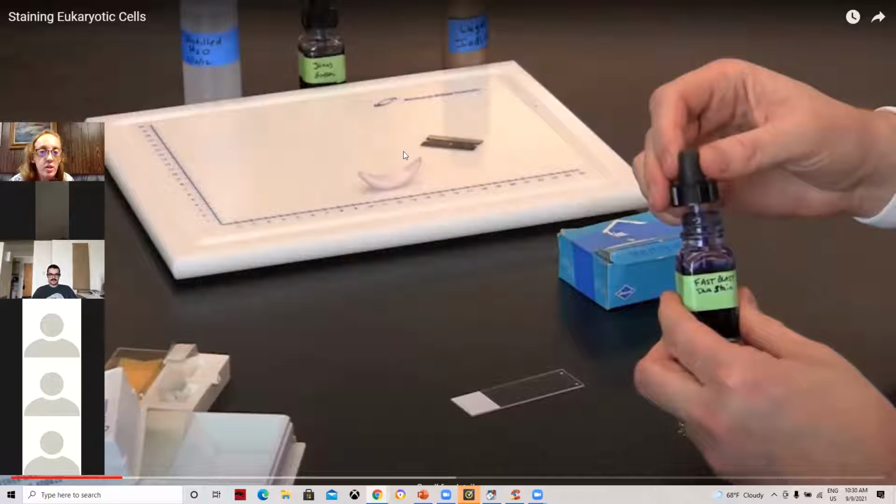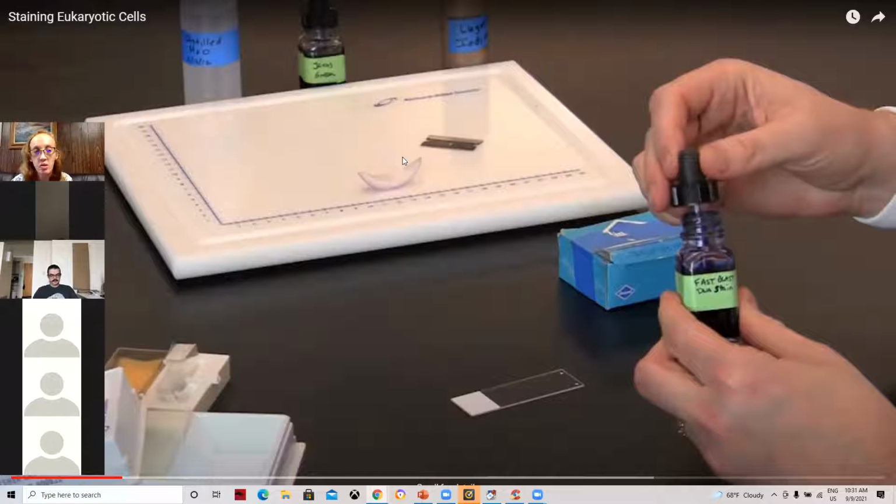That's often what we use the first time that you look at plant cells: you take a really, really tiny thin piece. Like I said, it has to be very, very thin. Recognize that when you're using microscopes, the smallest amount is usually best, and the smallest amount will go a long way.